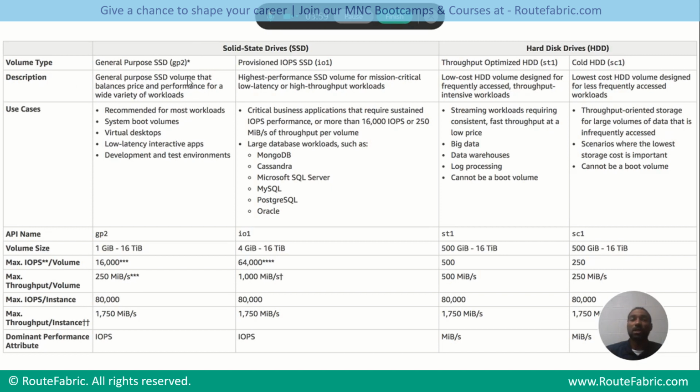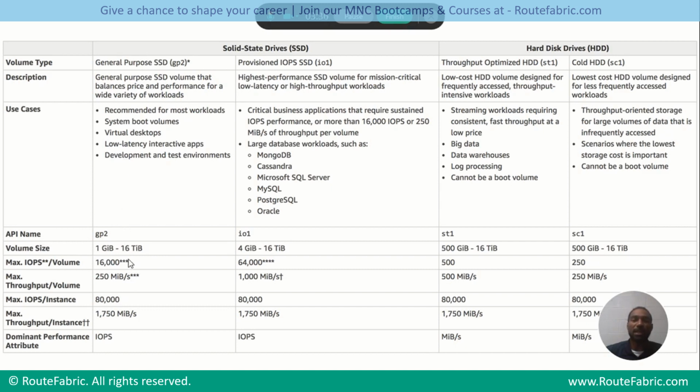It's generally good for just a lot of things. It has a good balance of price and performance. It's going to work pretty good overall for most loads and has low latency. The API name is GP2, so if you see GP2, it's also general purpose.